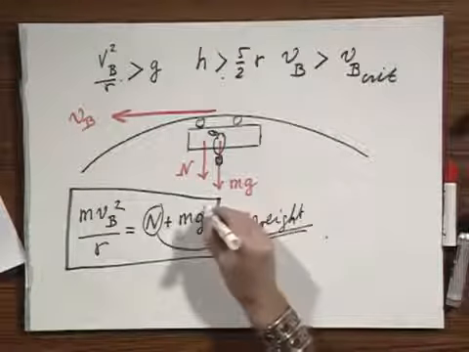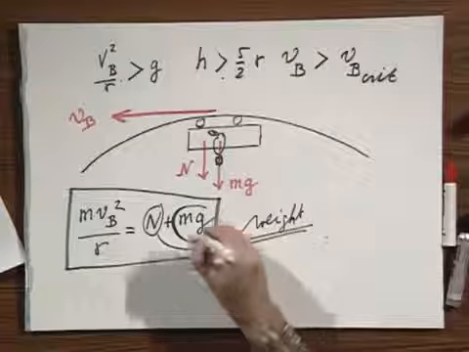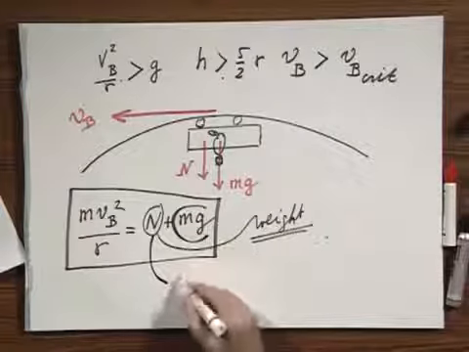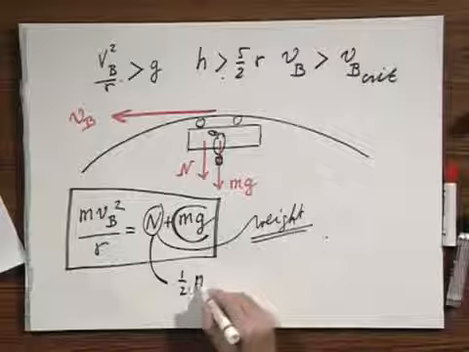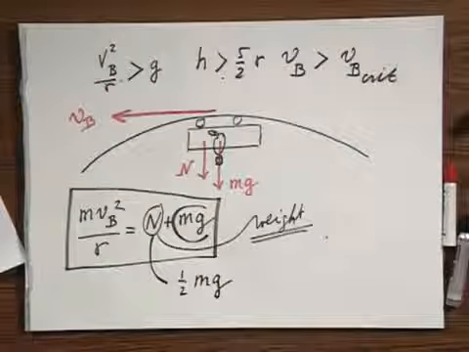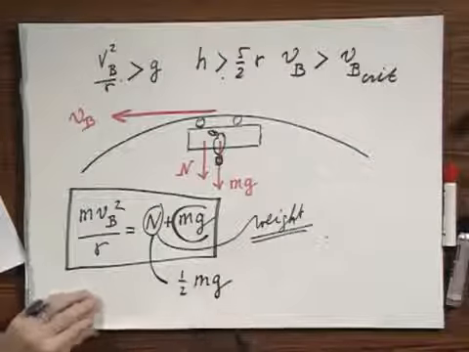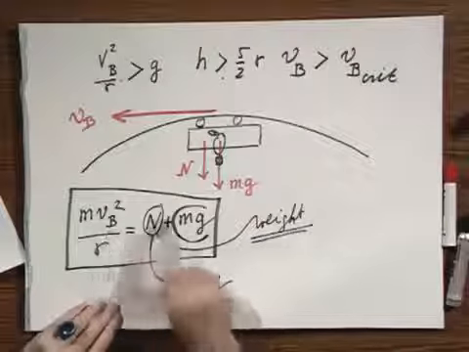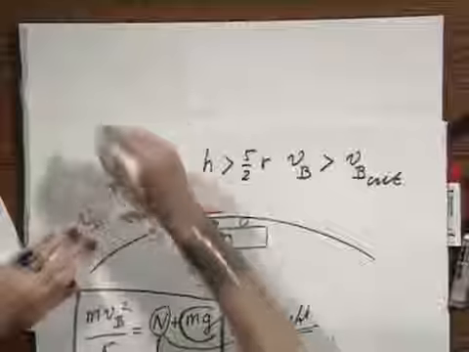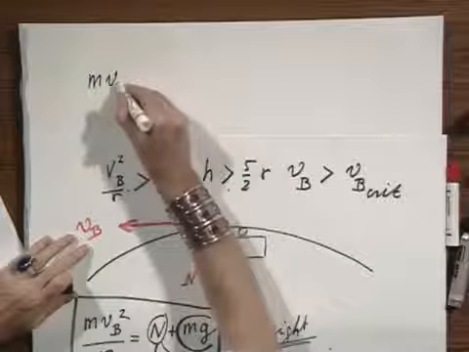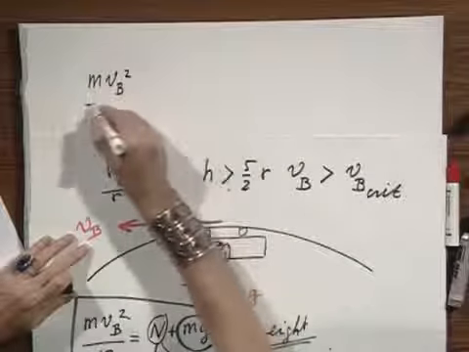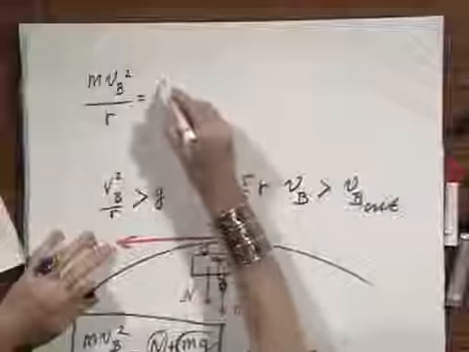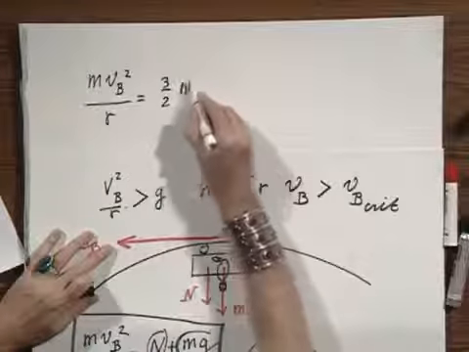Now you're being given that you read on the bathroom scale a weight, not mg, but 1/2 mg. That's a given. And so I can rewrite this equation. So I get m v_B squared divided by r now equals 3/2 mg.